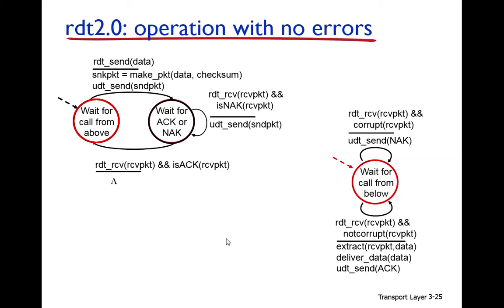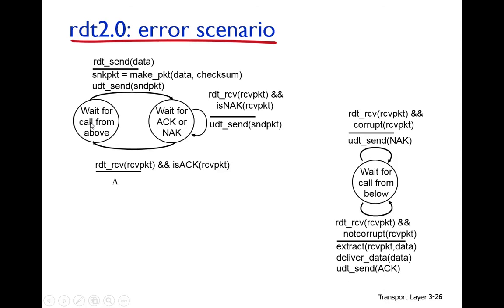Okay, so now the sender is waiting for the next packet to receive from the application layer. So this is how it works. Suppose the sender receives data from the application layer.